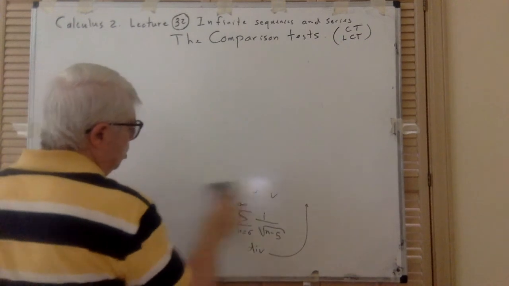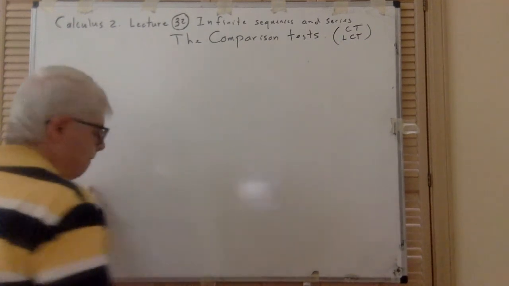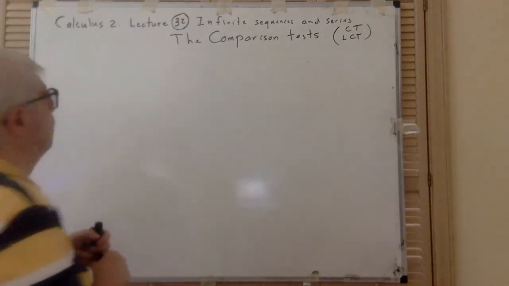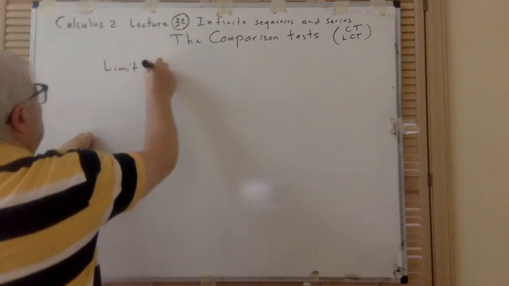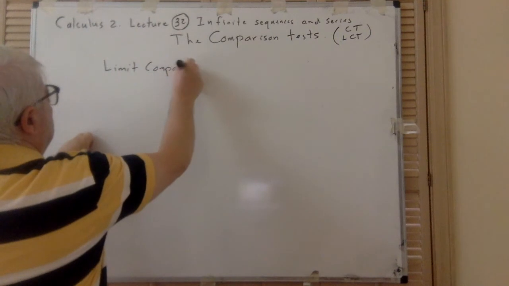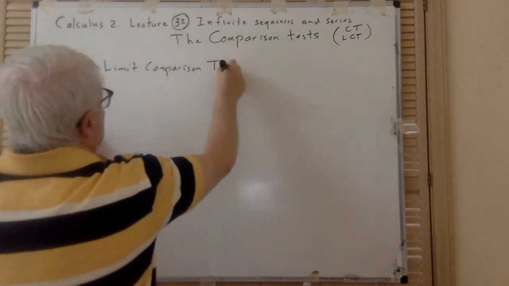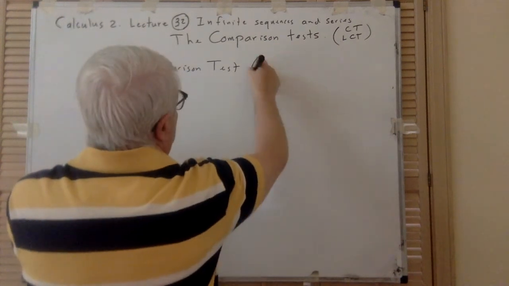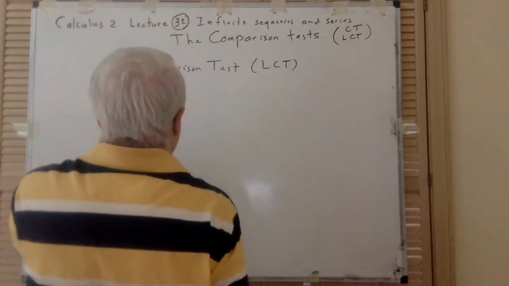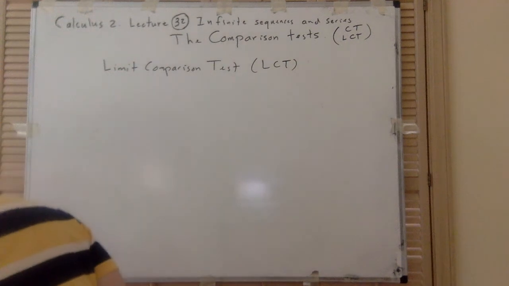Now, what is the limit comparison test? I like this one because it is more useful than the other one, except in some cases you cannot use it. The limit comparison test, which I call LCT. Let me use the statement, and the book is in fact quite nice.